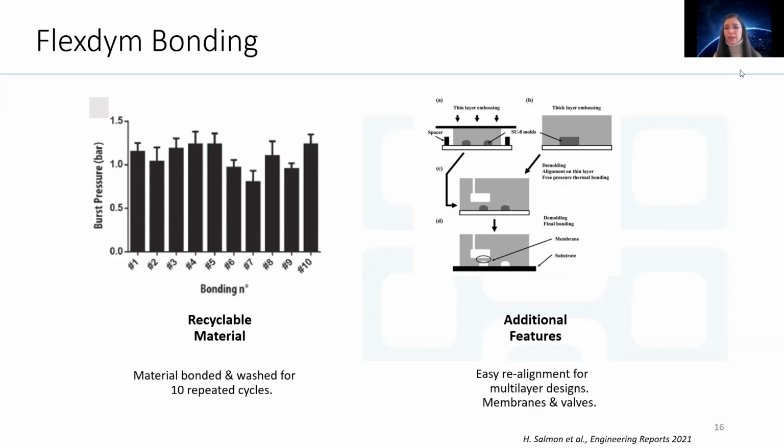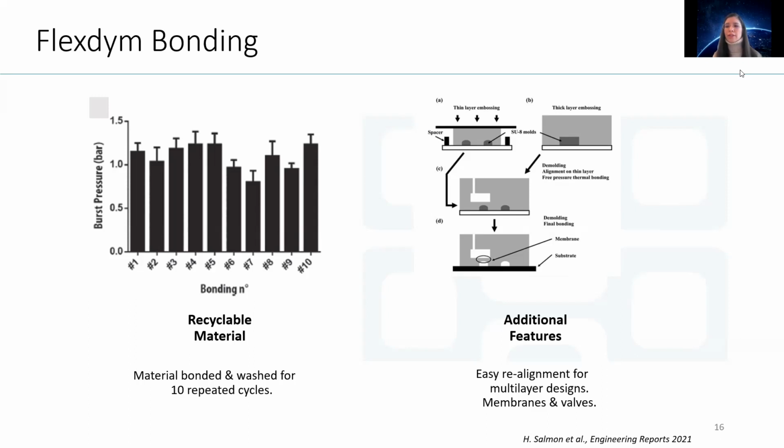And in addition to this, because Flexdym acts as a pressure sensitive adhesive, and because of the way that the polymer chains penetrate into the substrate material, it has reversible bonding. So what that means is that it can have advantages, for example, in the case of multi-layer designs.